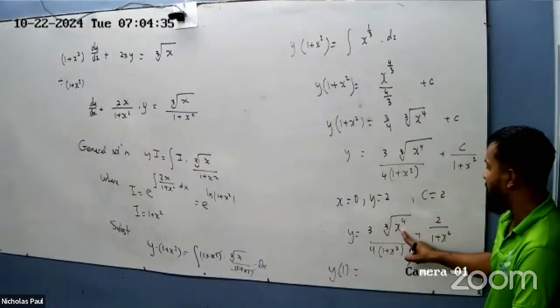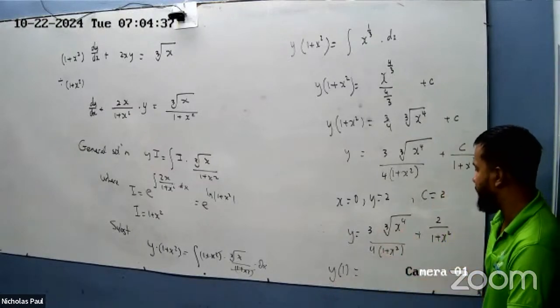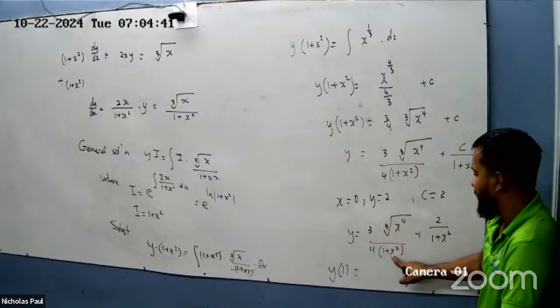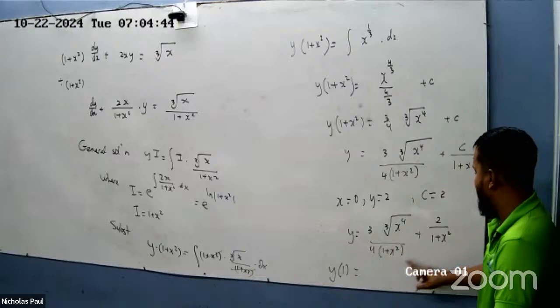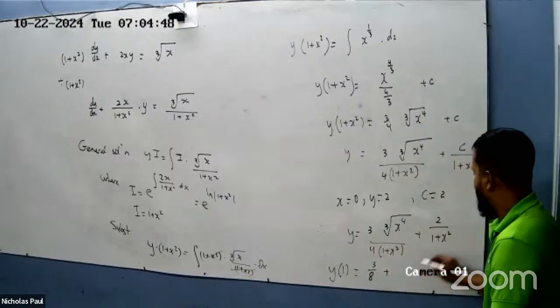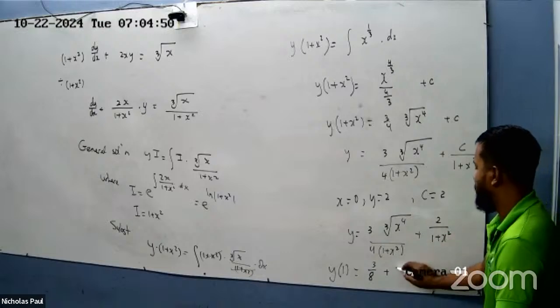So put 1 in here, you will get what? When you put 1 in here, you'll get 3/8 plus 2/2.